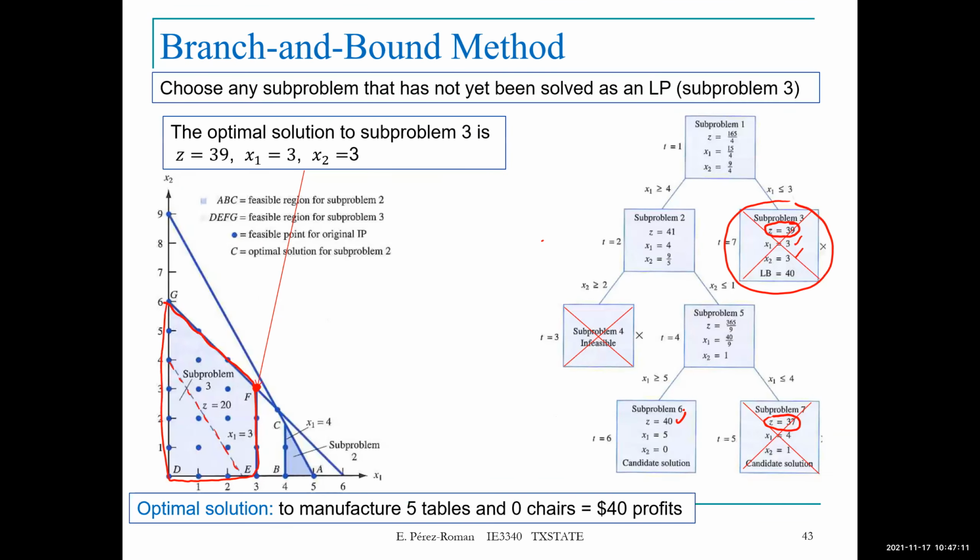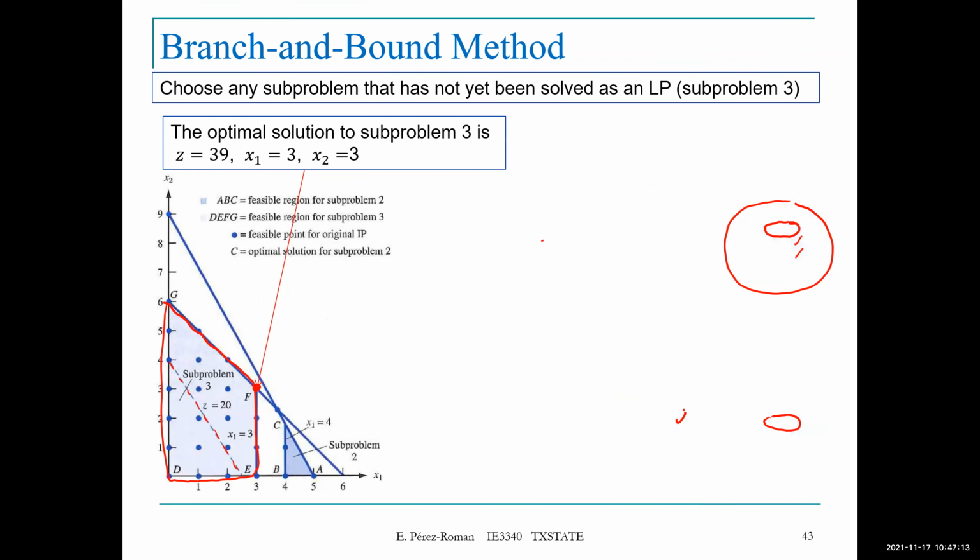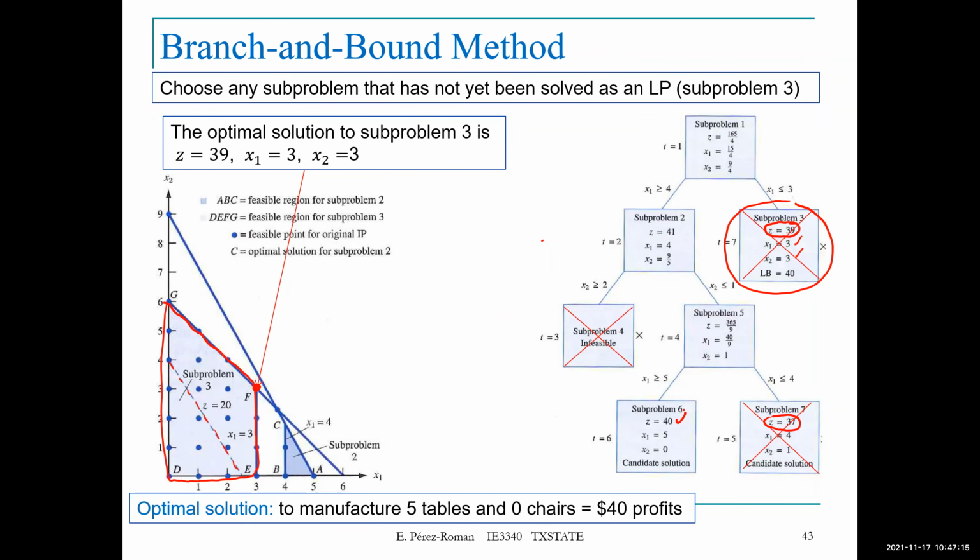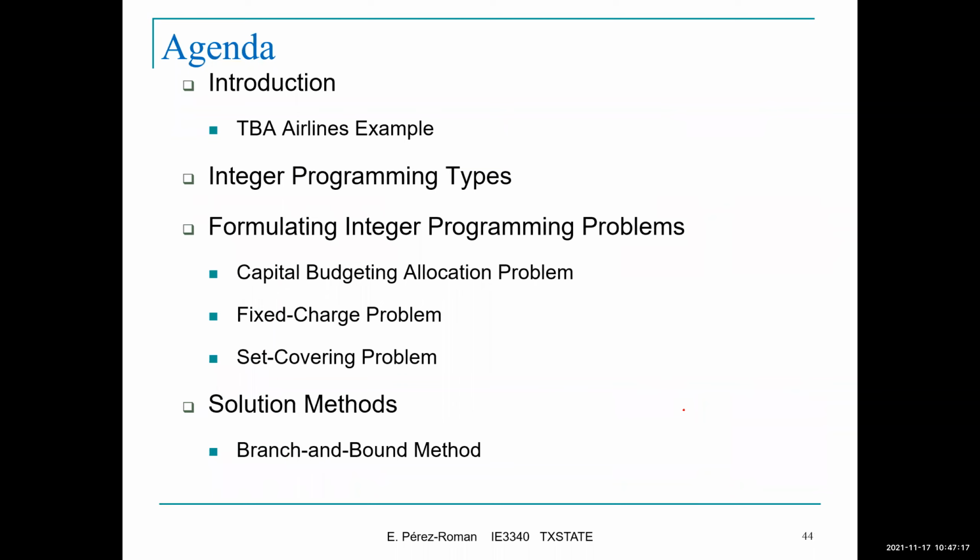I know this is not easy to grasp the first time you see it. Good thing about this lecture is I have recorded the video so you can look at the video on your own. We go back to this on Monday. I'm going to go with the branch and bound method with a different example.